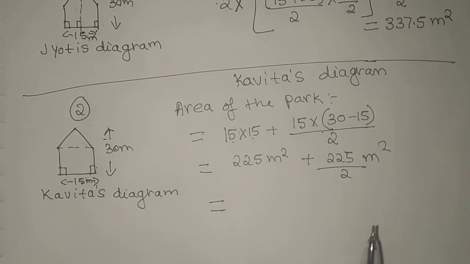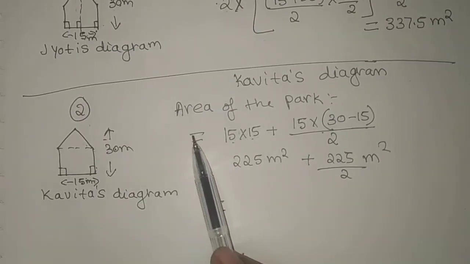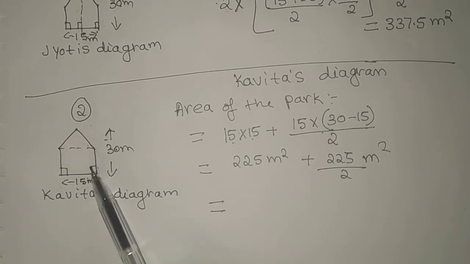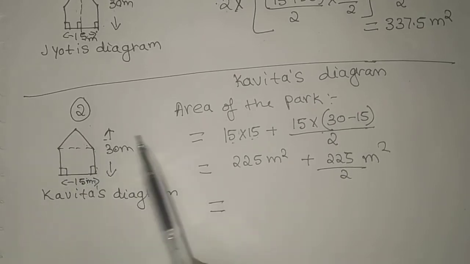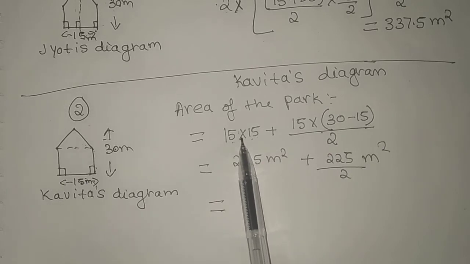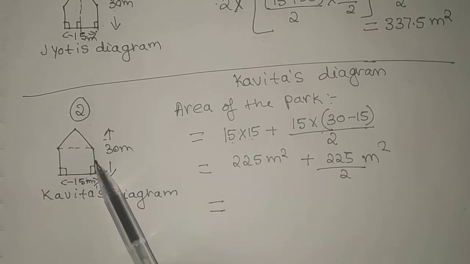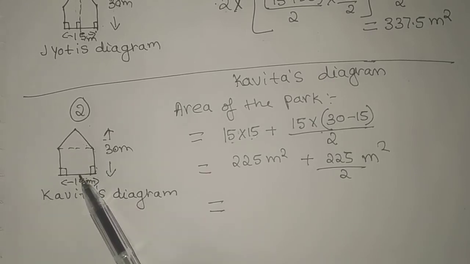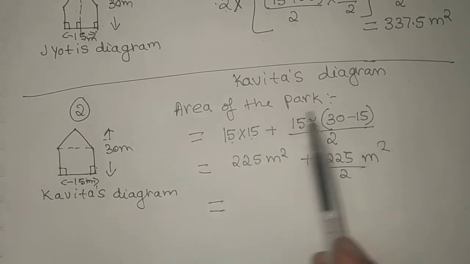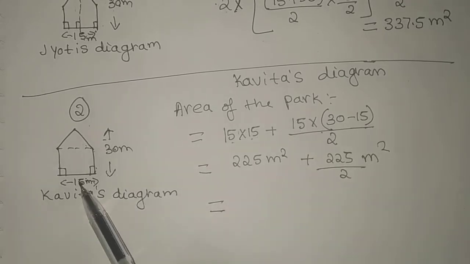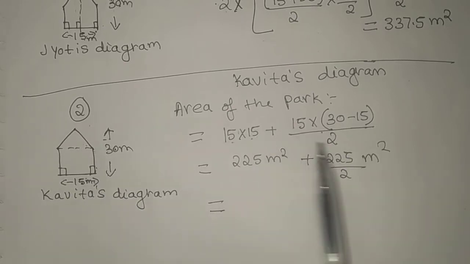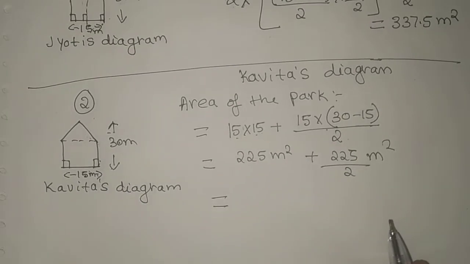So here one triangle is there and this one is a square or rectangle. Since it is a rectangle, this will become 15 into 15. So next is 15 into 30 minus 15 divided by 2.